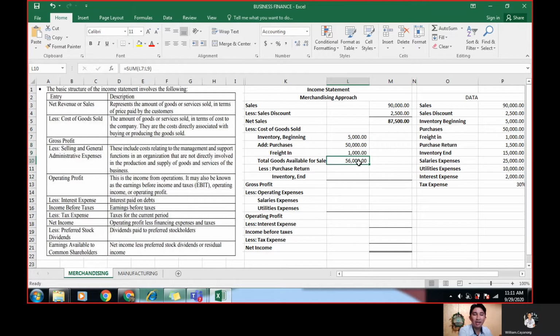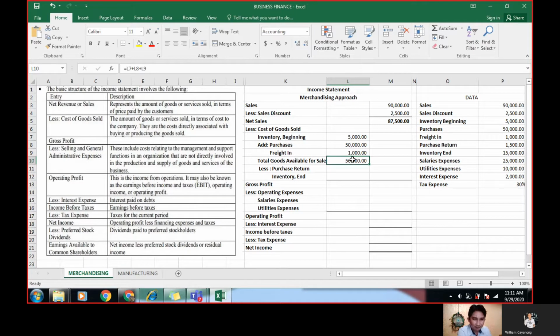But if you don't want to do the auto sum, gusto mo ng manual, pwede naman. Equal sign pa din, plus, click the 5,000 plus 50,000 plus 1,000. Ayan. So, it's up to you if you're going to use the auto sum or the manual formula. Now, these are the total goods available for sale, meaning ito yung on-hand items mo na ready mo na siyang ibenta to the customers.